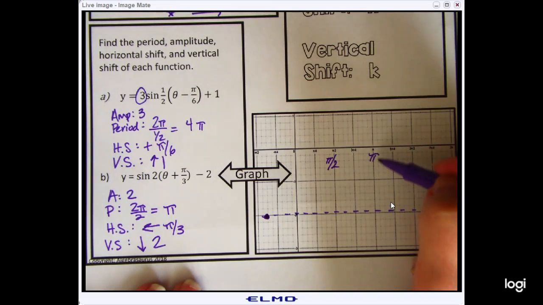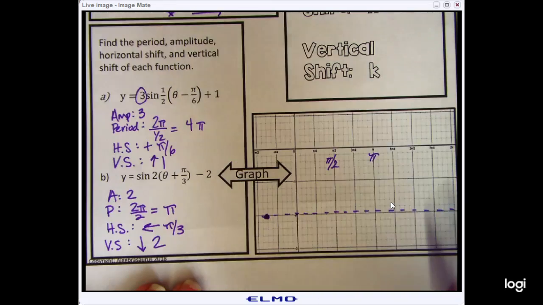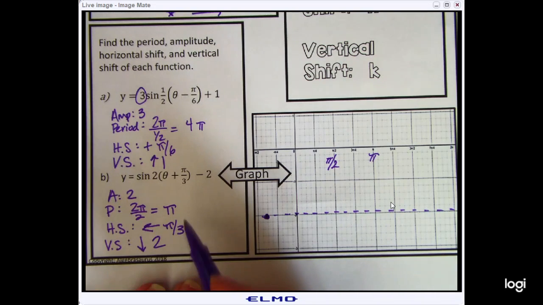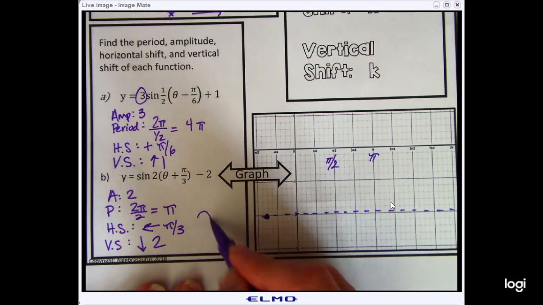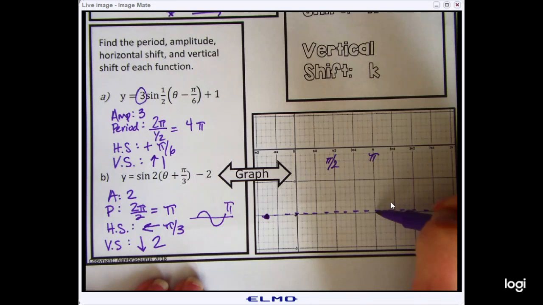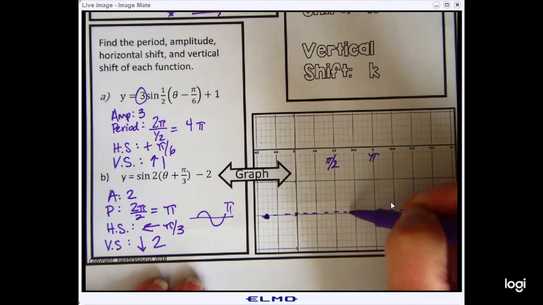And because we've shifted the beginning, that means we need to shift the end. We have one full sine cycle every pi, right? So that means if we'd started at 0, we'd be ending at pi. But we shifted back pi thirds.